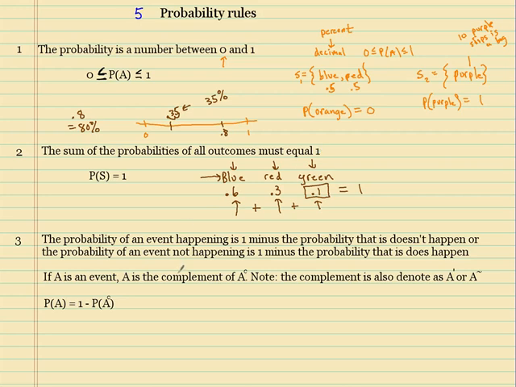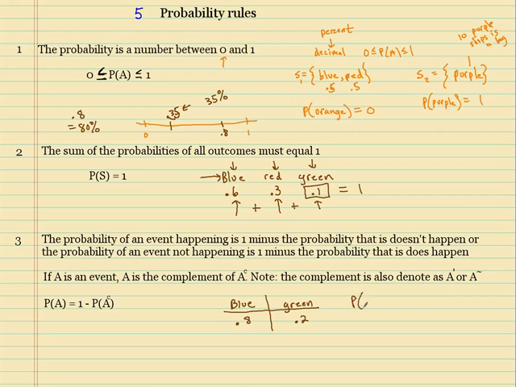Now let's get to the complement. The probability of an event happening is 1 minus the probability that it doesn't happen. Let's go to our blue. Let's say there's only 2 colors, blue and green, in a bag of M&Ms, and let's say this is 0.8. If these are the only 2 outcomes, we know what the green is. The green must be 0.2. So let's look at this. The probability of an event happening is 1 minus the probability that it doesn't happen.